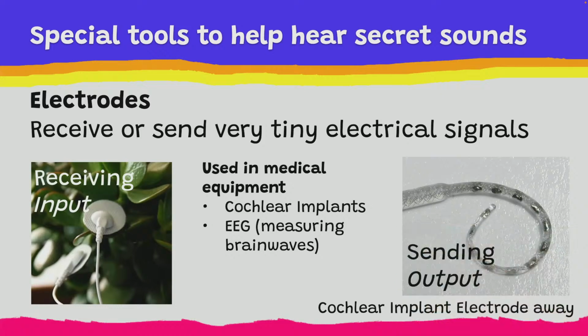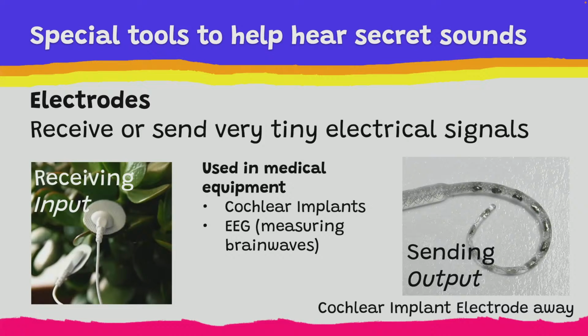As I mentioned, it can also be used as an output, and we mentioned earlier cochlear implants. Here is the piece that goes inside the cochlea, and so this is the implant. And you can see a few electrodes in there. They receive the electrical sound signal from the receiver and the microphone of the cochlear implant, and then they use these electrodes to stimulate the parts of the brain that are responsible for sound.